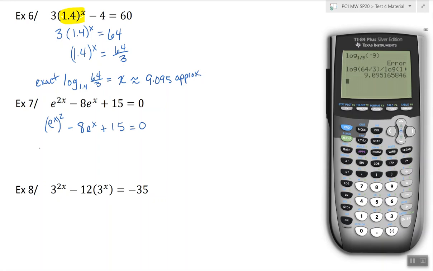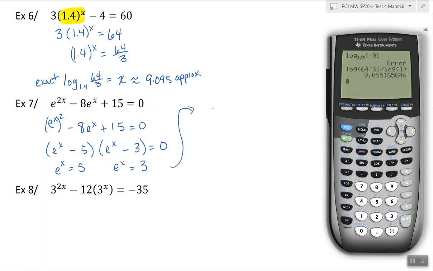We can go ahead and just factor. So e to the x times e to the x gives me my e to the x squared. I'm going to have two negatives, a 5 and a 3, exponential. And I have e to the x equals 5, e to the x equals 3.